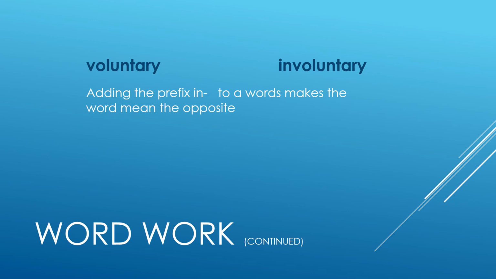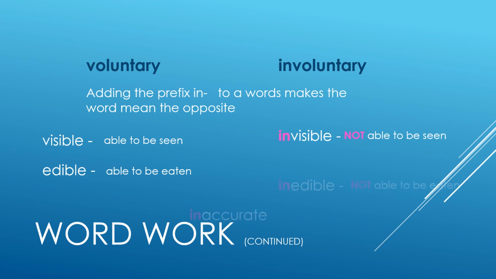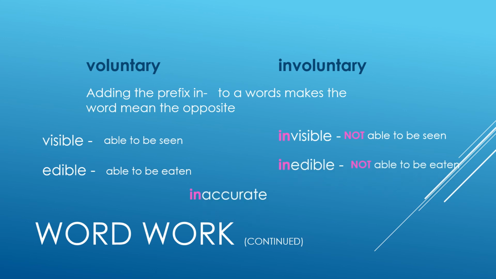Let's take a look at some other words. Visible means able to be seen, but invisible means not able to be seen. Edible means able to be eaten. Inedible means not able to be eaten. So what do you think inaccurate means?